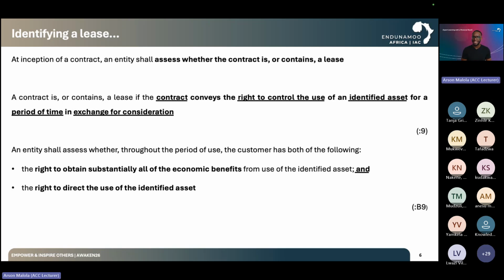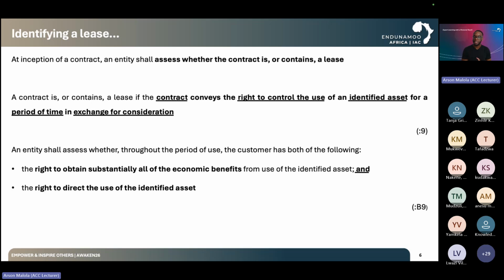Identifying a lease is a core skill, and it's one of the rather updated or new areas in IFRS 16. The assessment is the same from the lessor and the lessee perspective. With IFRS 16, it's important to understand which side of the coin you are sitting on.